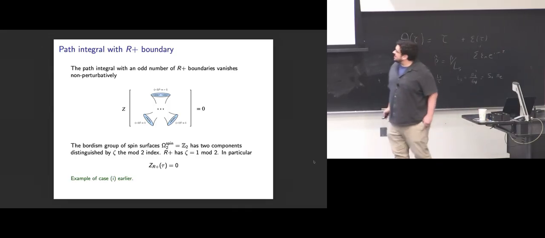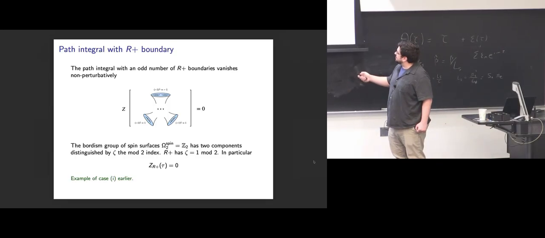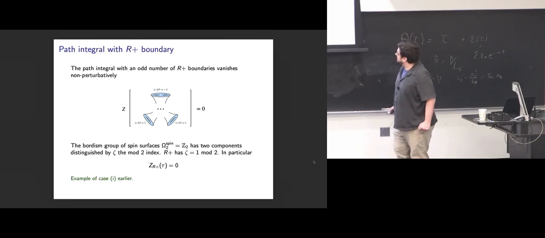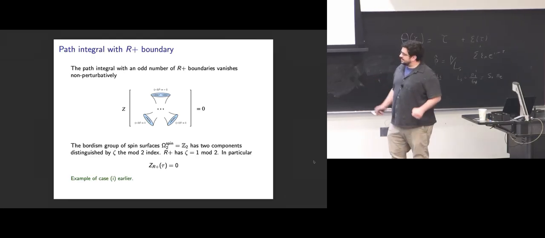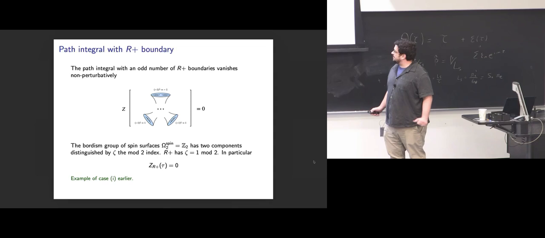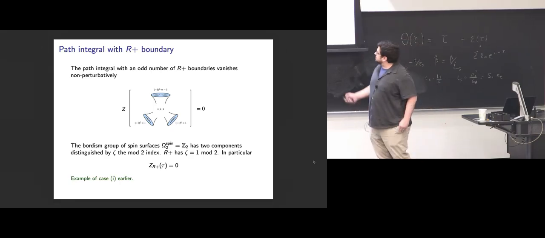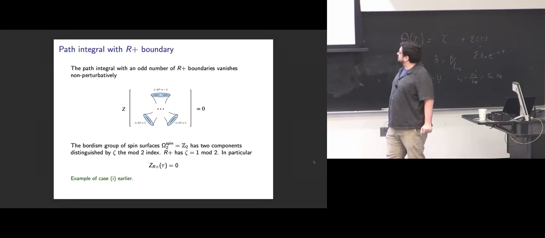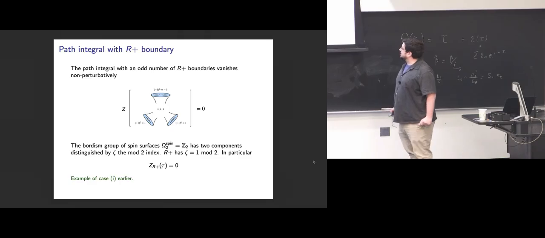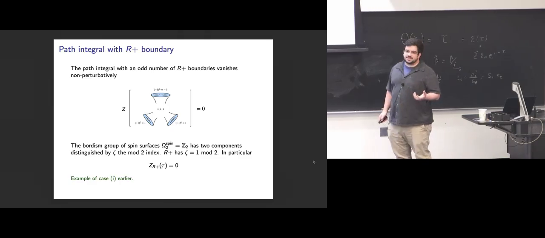But the result is more general, and maybe it's useful to phrase it in the language of bordism groups because they will appear later. The bordism group is the group of all geometries and spin structures identified, where 2 geometries are identified if you can find a 3-dimensional one that interpolates between the 2. So the bordism group for 2-dimensional spin geometries is Z2, meaning that there is a component that is trivial, namely can be filled up by a 3D geometry, and a component that is not.